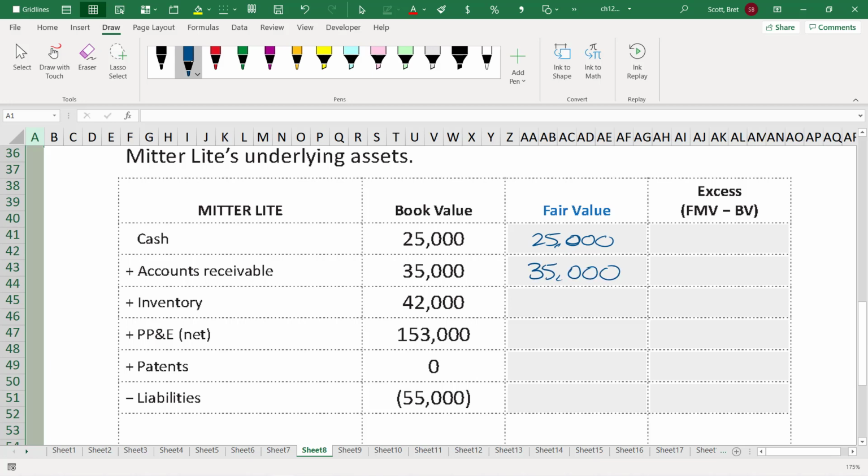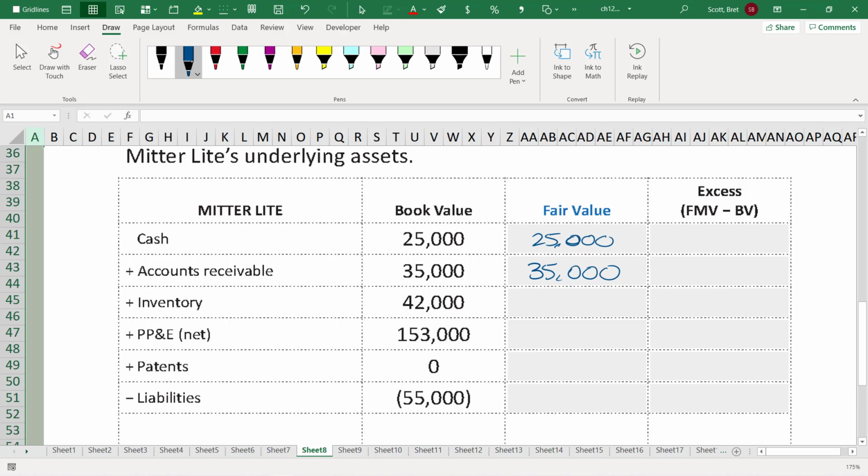Now, if you recall from the previous chapter on when we factor receivables, we know that receivables, when they're sold or factored to somebody like GJ Wentworth, GJ Wentworth's not going to pay dollar for dollar. GJ Wentworth is going to charge a financing fee, for instance, right? But in this case, it's a transferring of receivables from one business to the next.